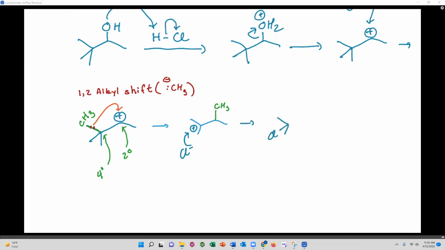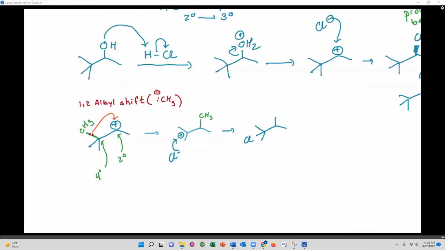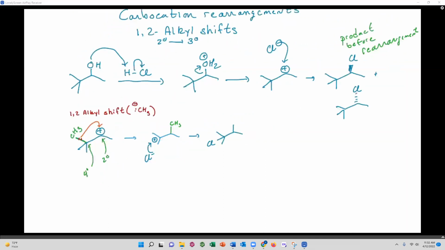Now, we don't have to worry about stereochemistry here because why? That is not a chiral center. But again, here we're going to have products that are forming before rearrangements. And here we're going to have products that are forming after rearrangement. And typically with alkyl shifts, we can shift methyls even up to ethyls, but don't worry, in my class, we're only going to see methyl shifts.